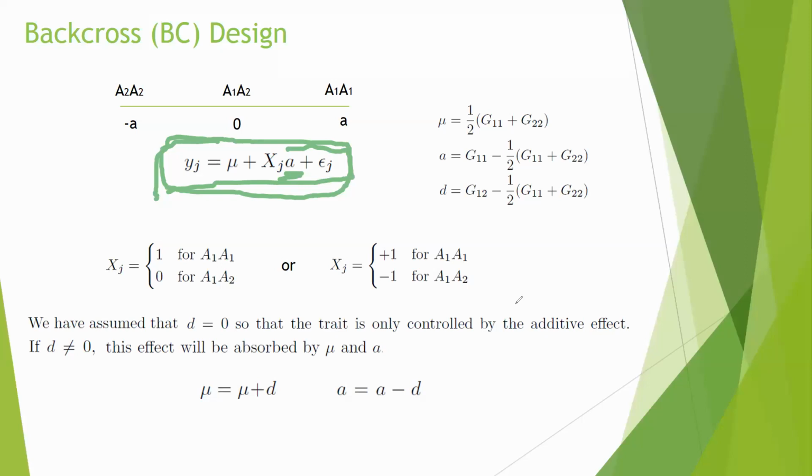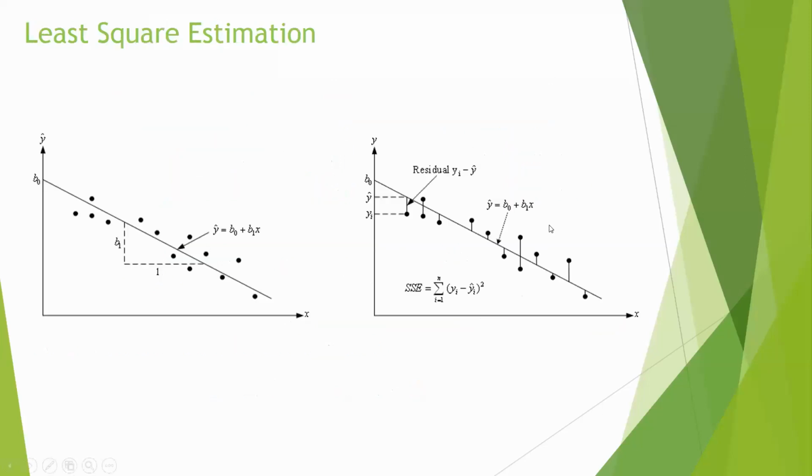By doing this, we can scan the genome, test each locus, and identify the QTL. QTL means the quantitative trait loci that are responsible for the phenotypic variation.